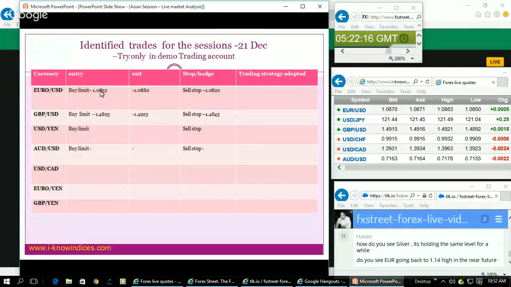Once the position makes profit, keep the stop at entry and remove the hedge order, and you can trail the take profit order on the upside when they are rising. Then slowly trail the stop also 15 pips away from the market, so that if they drop, the trailing stop will be filled. If they gain, our take profit order will be filled. As a result, we'll be able to maximize the profit.